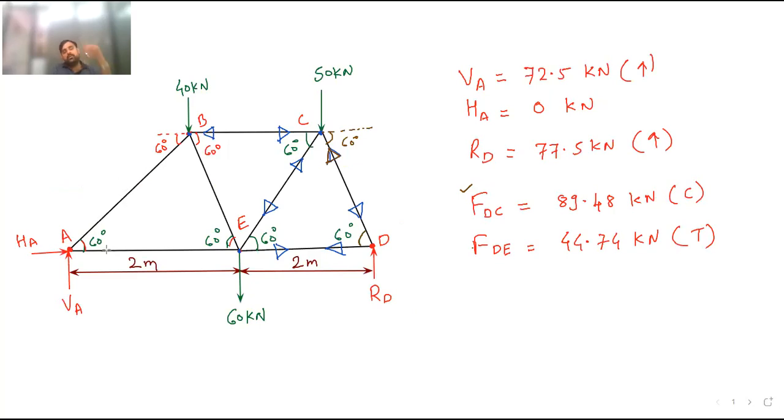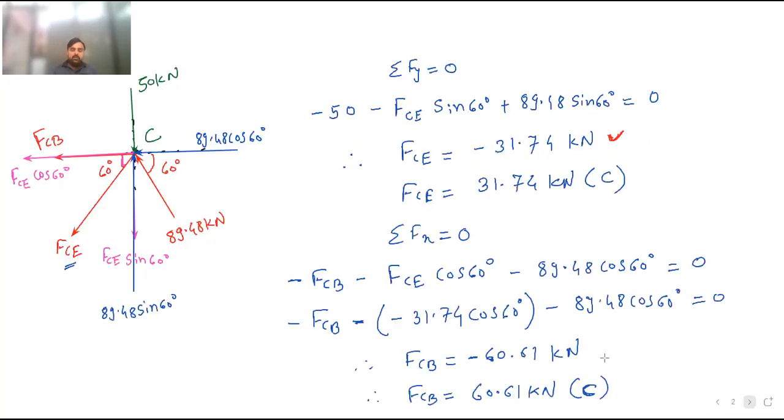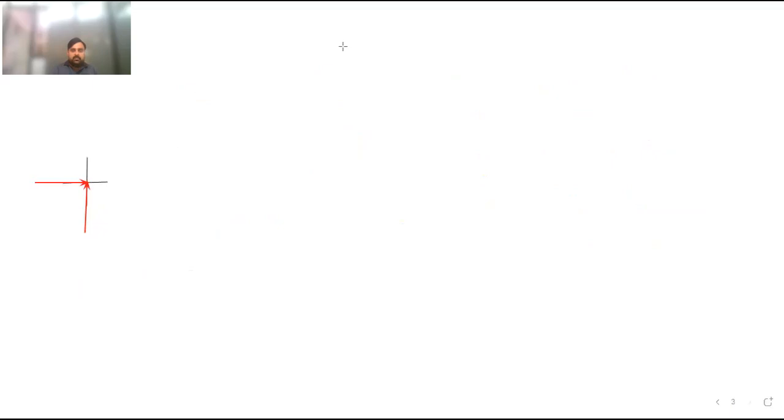We don't know the force, so assume tensile. And member AE is the horizontal member. Okay, so AE and AB, two members are there. So this is member AB, this is member AB, and this is member AE.